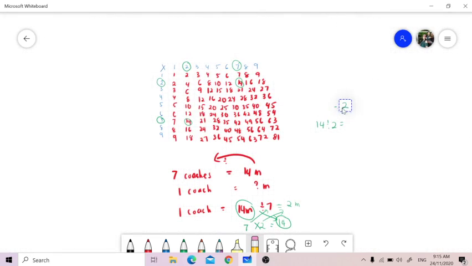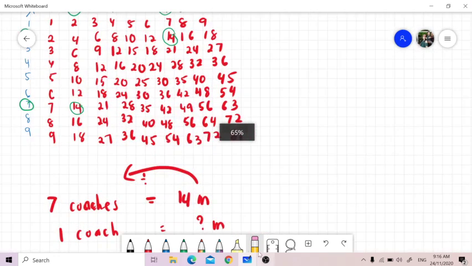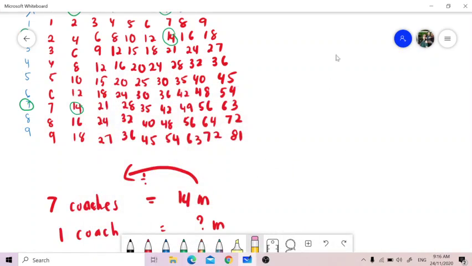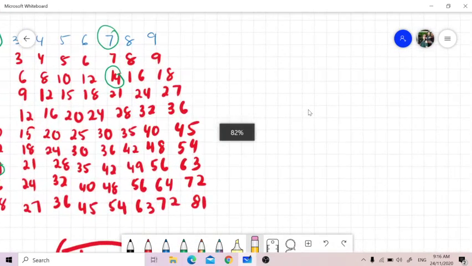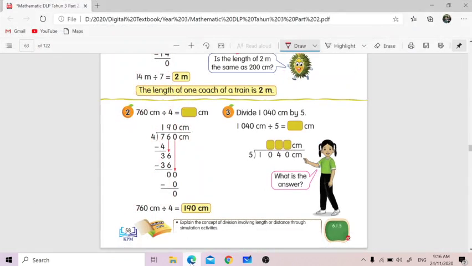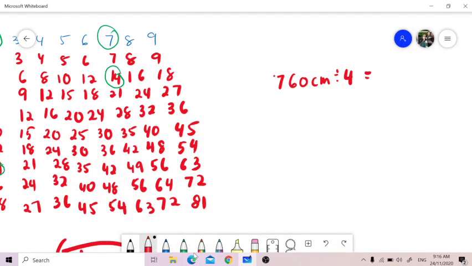Another one here. The question was 760 divided by 4. So we will write the mathematics sentence: 760 centimeters divided by 4 equals. So this is the mathematics sentence.